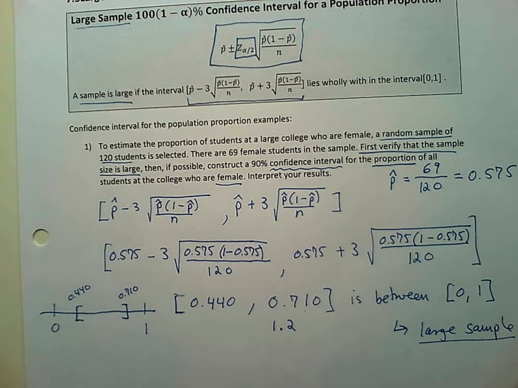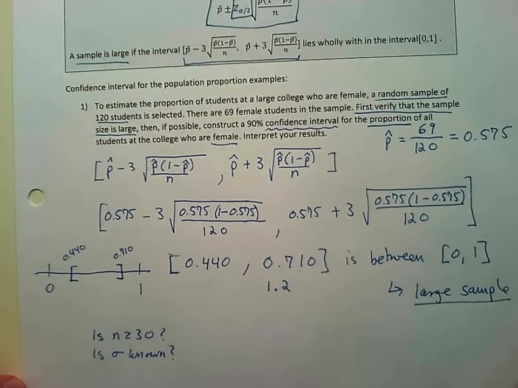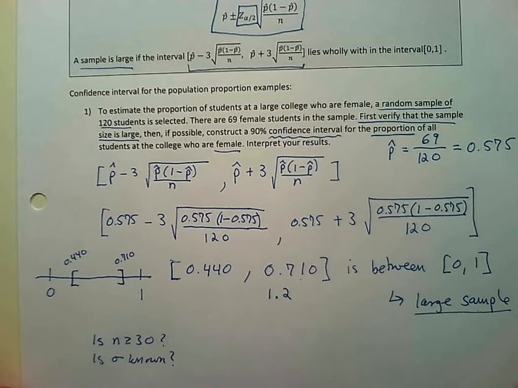Because how did we always start off our solutions to confidence interval questions? We always started off with these 2 questions. Is n greater than or equal to 30, and is sigma known? But let's take a look at these 2 questions.